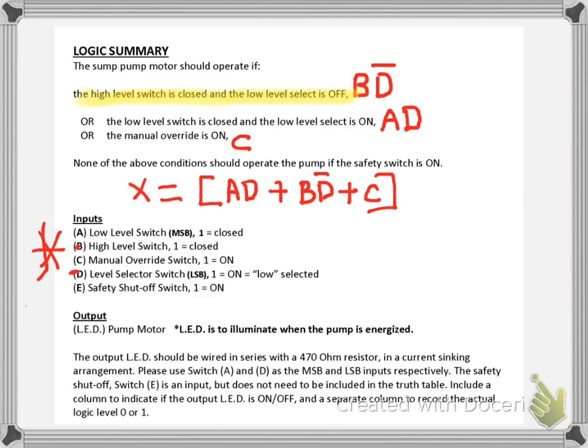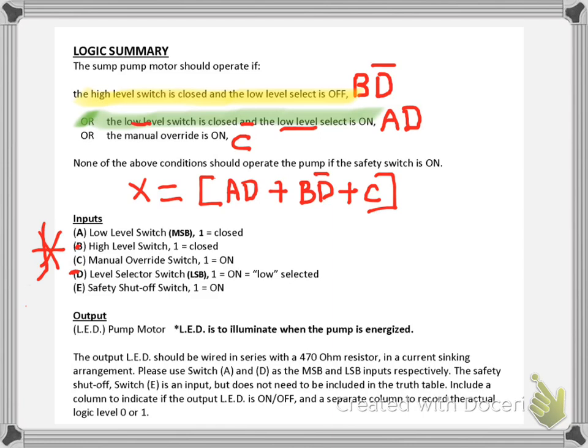The next condition says OR. It's going to be an OR gate. The low level switch is closed and the high level select is on. So we have the low level switch and the low level select.